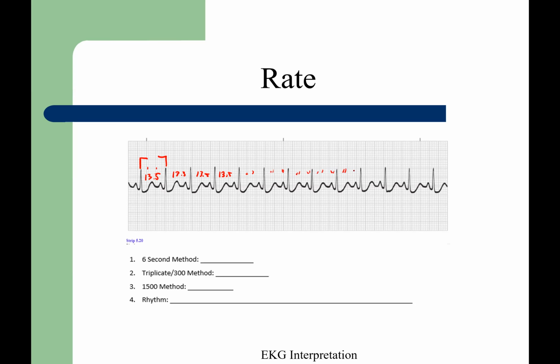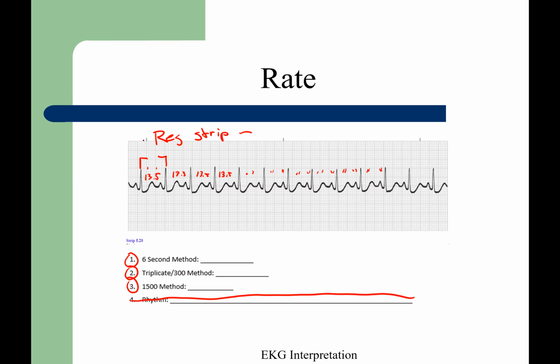If I do have 13.5 all the way across, or whatever that number is, however many small boxes, then we have a regular rhythm, a regular strip. And if we have a regular strip, that means I can do every single one of these methods to calculate the rate.